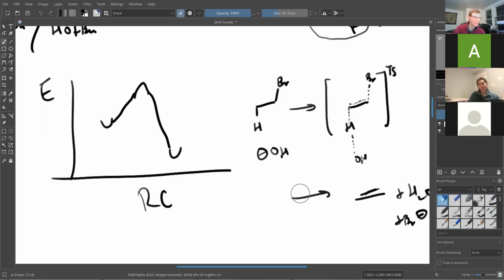I think it does depend on the compound, but maybe not. So I wrote E here, and now I'm talking outside of the course, right? But really this should be a Gibbs free energy or something. And that means it really depends on the reaction conditions and what's favorable. If you want a reaction to happen, then the Gibbs free energy has to go down.